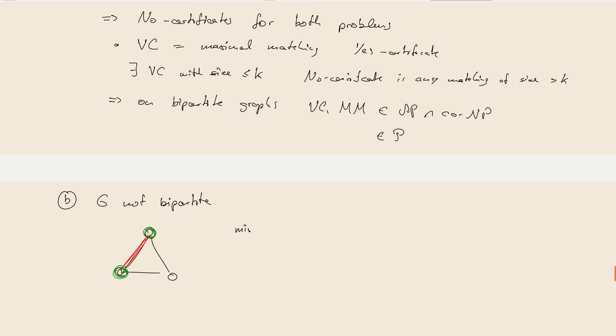So here, min vertex cover in general can be strictly larger than the maximal matching. And that means for some loose values of k, we can find a no certificate. But in general, we can't use the no certificates from matching to decide vertex cover, which we also didn't expect since it's an NP complete problem.